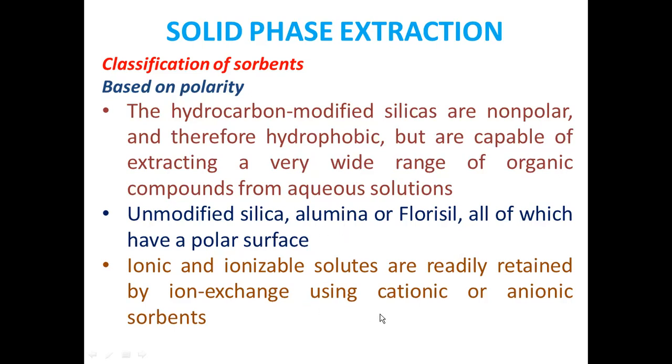Therefore, you need a sorbent which has an ionic group, where the ion exchange principle takes place in order to separate the solutes. So some sorbents work based on ion exchange equilibrium.